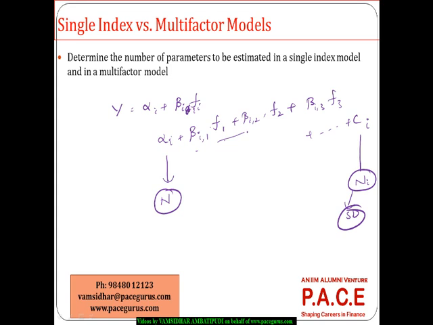So assume that there are L factors being considered. So L factors multiplied by n different elements.